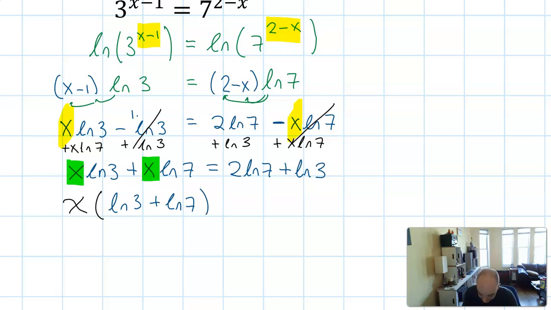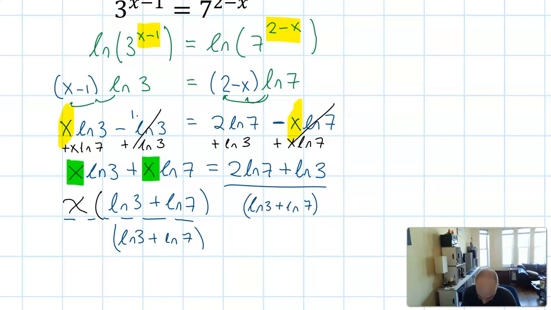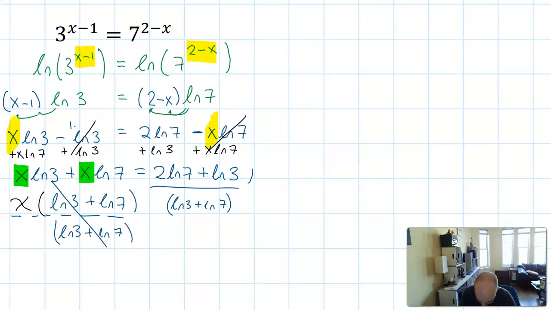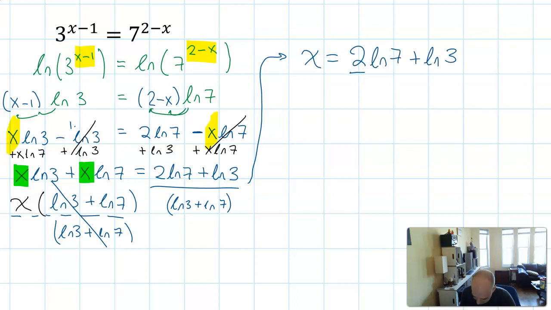And then you can divide by natural log 3 plus natural log 7 on both sides. And on this side, it'll reduce out. So you get, as a final answer, x equals 2 natural log 7 plus natural log 3 over natural log 3 plus natural log 7.